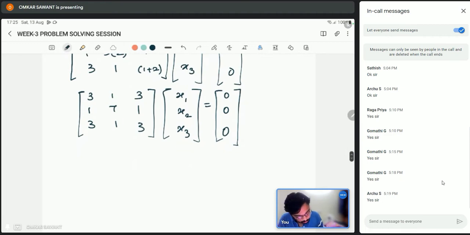Okay, so we know we have to make this one, right? We can simply interchange these rows. Okay, and again we will interchange with these rows. Why are we doing this?